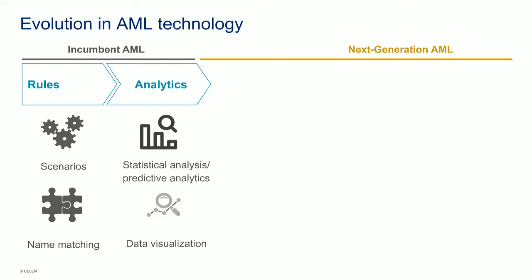But things are continuing to evolve, and now we have more advanced technologies such as robotics, AI and machine learning, natural language processing and natural language generation, and luckily the all-important unstructured data analysis, meaningful contextual analysis. All of these technologies are now becoming available, and AML technology is definitely in the next stage of evolution.